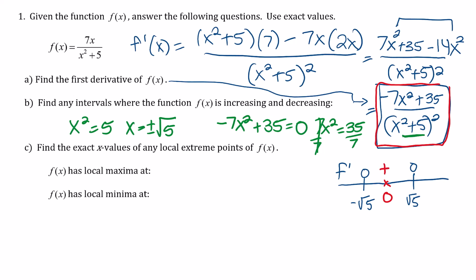And let's test something. Square root of 5, well, square root of 4 is 2, so square root of 5 is 2 point something. So let's go ahead and put in something we know is bigger than 2 point something, so let's put in 3. So if I come back up here and put in 3, 3 squared is 9 times negative 7 is negative 63 plus 35.